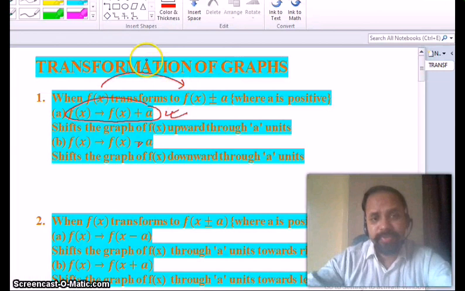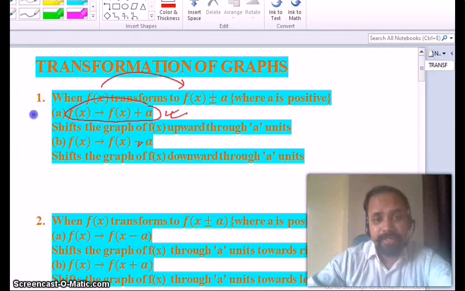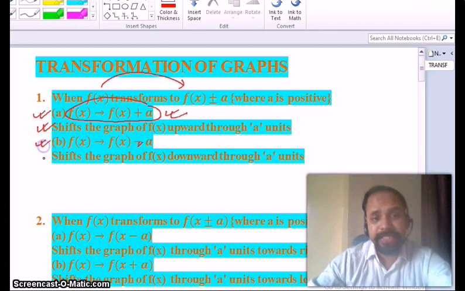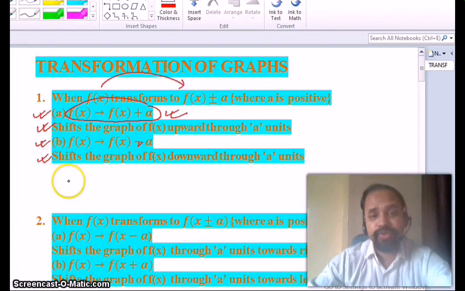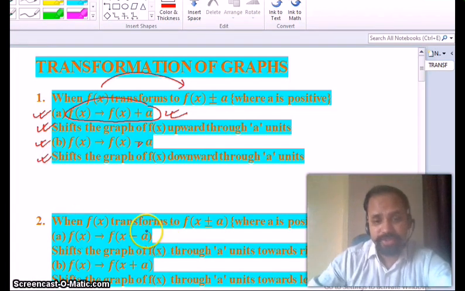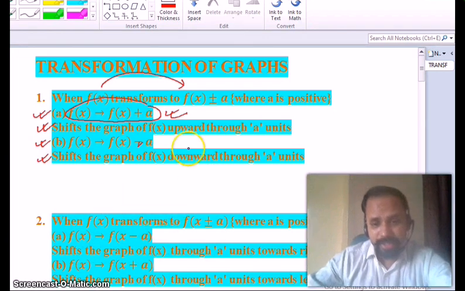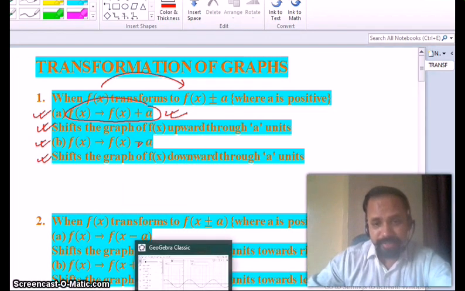So I just told you that if we add a units in f(x) plus a, then this graph shifts a units upward. And just opposite of this, if we subtract a units, then obviously this graph will go a units downwards. Let's see this also in the graph.